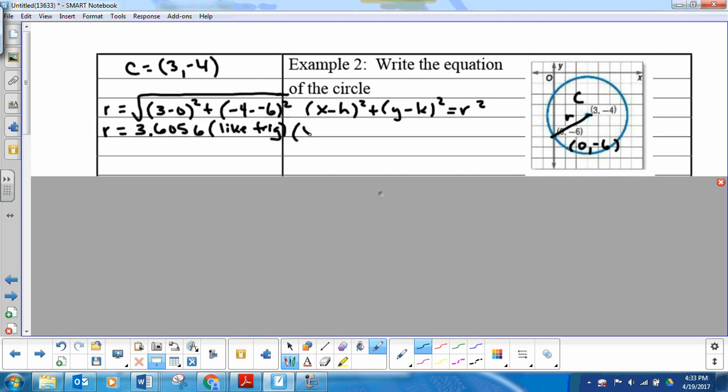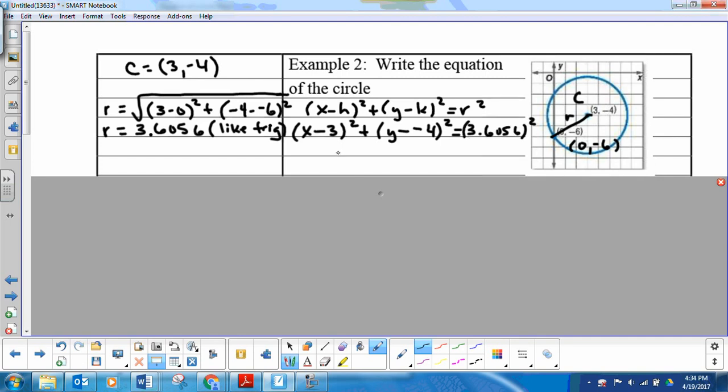So we'll do x minus our h value, the x-coordinate of the center, in this case 3, squared, plus y minus k. Our k value is −4, but that's okay. We can always do that, just like we do with the distance formula. We'll do (y − (−4))² is equal to 3.6056. Big, ugly, yucky number, but let's just square that guy.